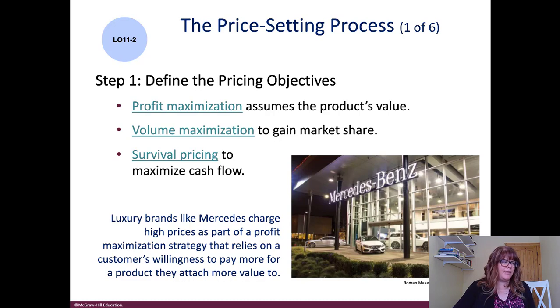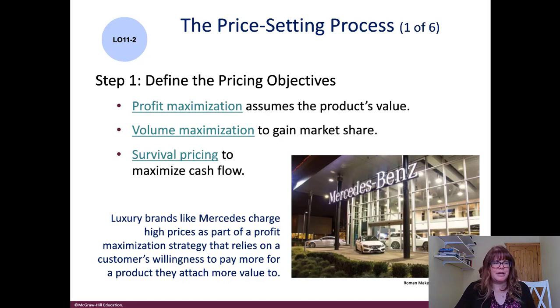Profit maximization is designed to maximize profit on each unit sold. Profit maximization involves setting a relatively high price for a period of time after the product launches. Volume maximization is designed to maximize volume and revenue for a firm.